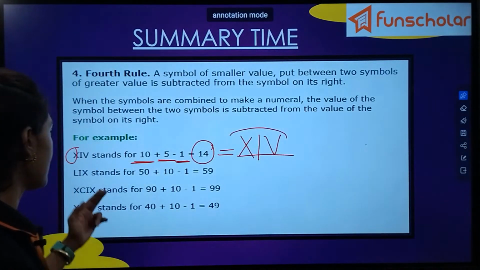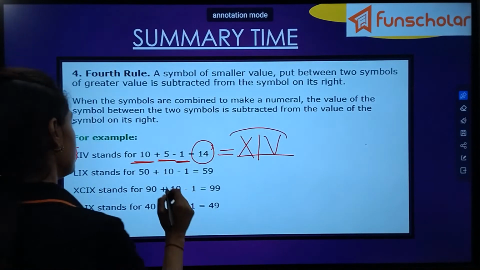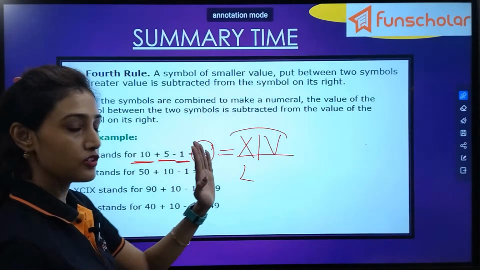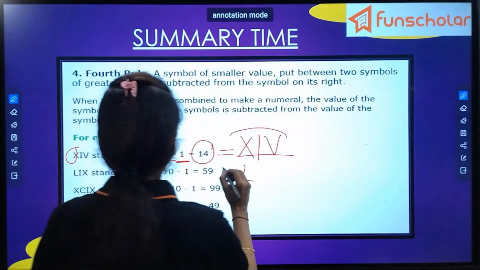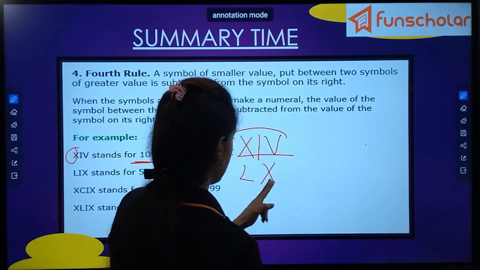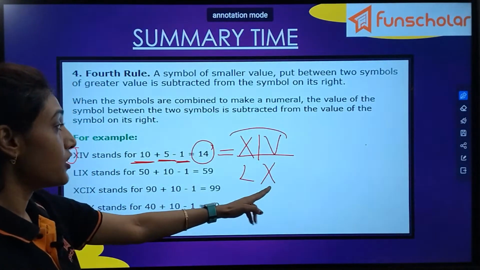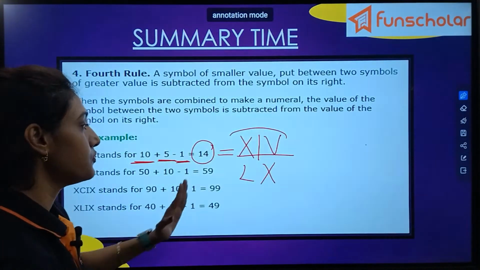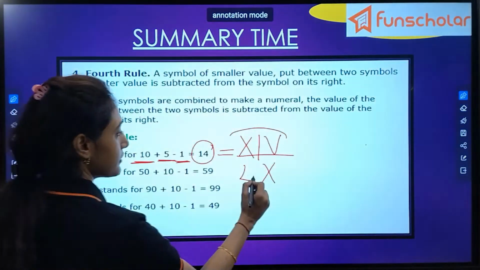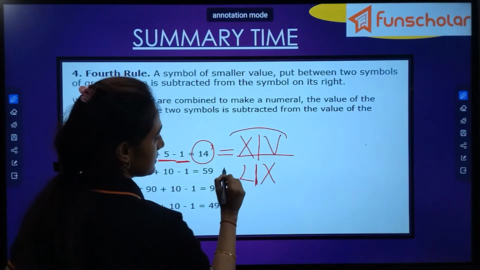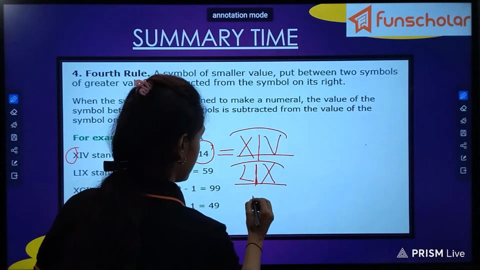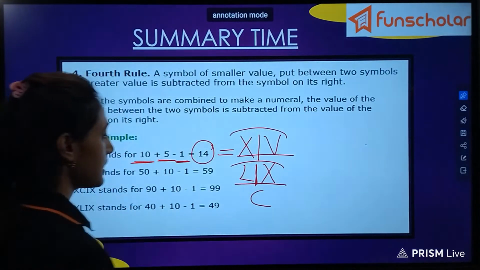Now 59. L represents 50. You have to make 60 first. How will you make 60? You just add 10. Now you have to remove 1 to make it 59. So you will not put 1 here, you will put it on this. It will become 59. Now 99. C represents 100.